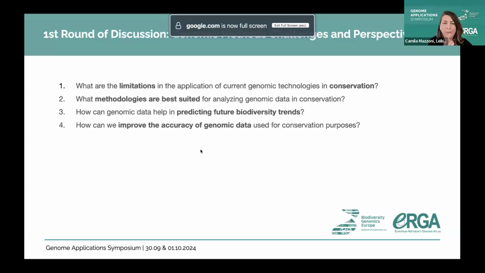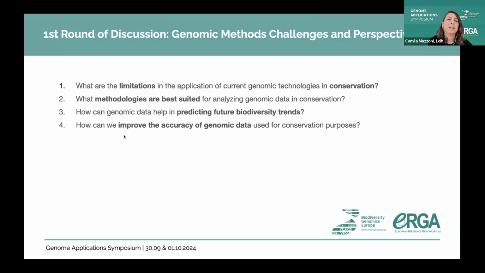I'm also going to share the screen here with a couple of points that we thought could raise discussions. So if you want to add to any of this in the chat or out loud, or also in your heads for conversations later. So we are talking here about the challenges and perspectives for the use of genomic methods for conservation.